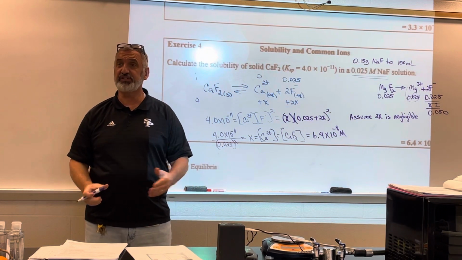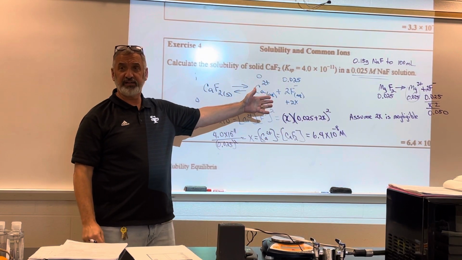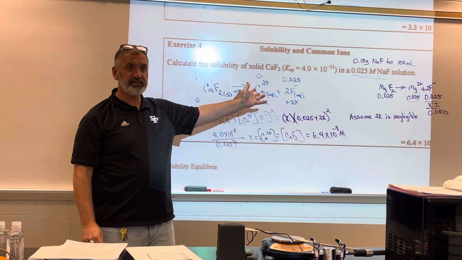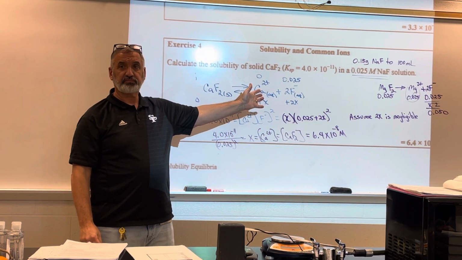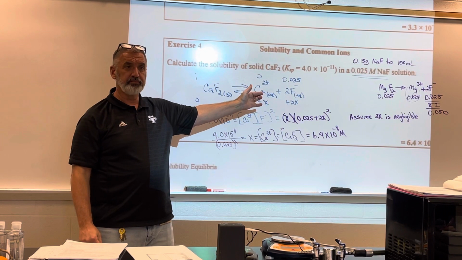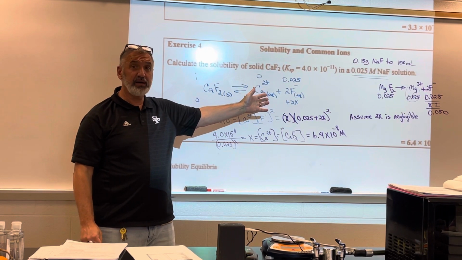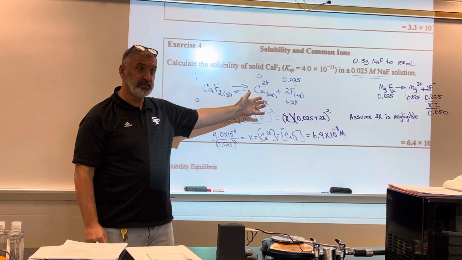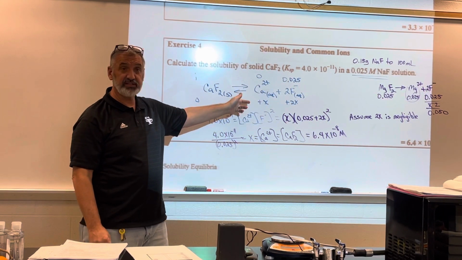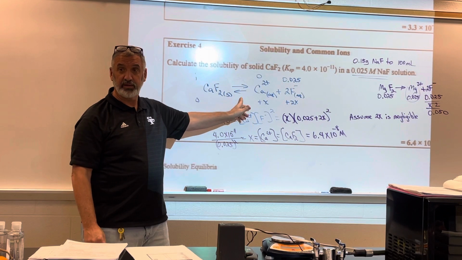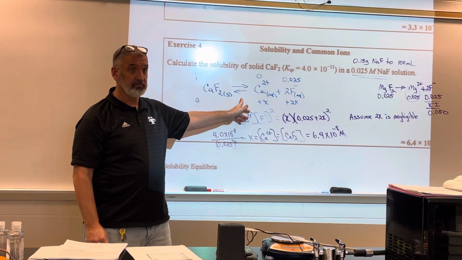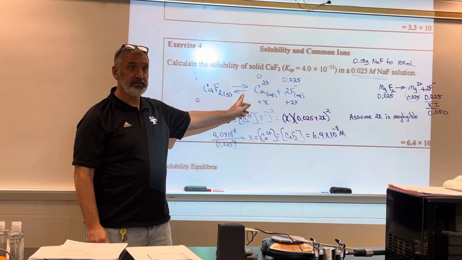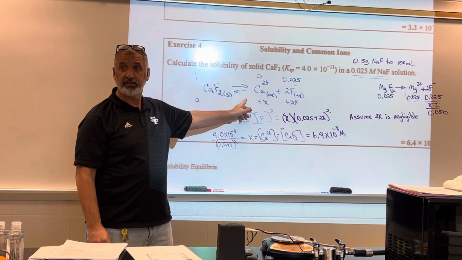You just have to do another step and find the molarity of that using the molar mass, and then do it the exact same way. So if you're given grams of common ion, the volume will be given, change it to molarity, and then do it the exact same way. Got that? You might need to make sure you know how to do that.